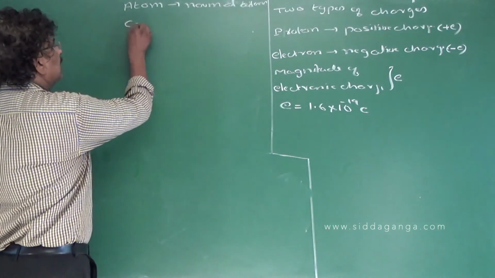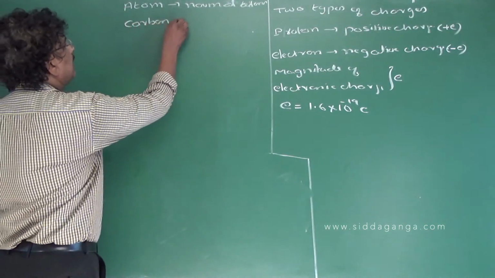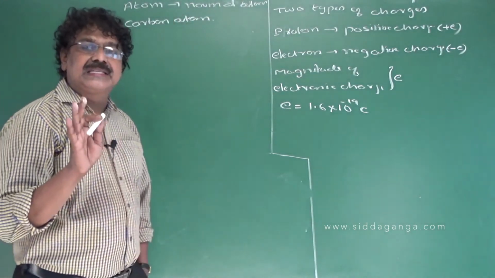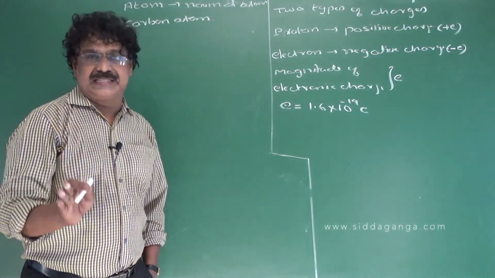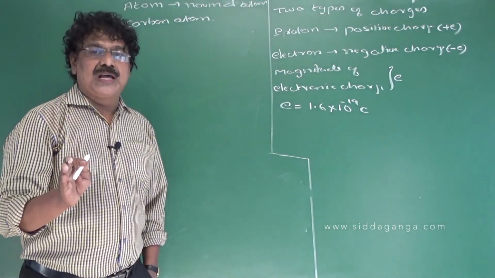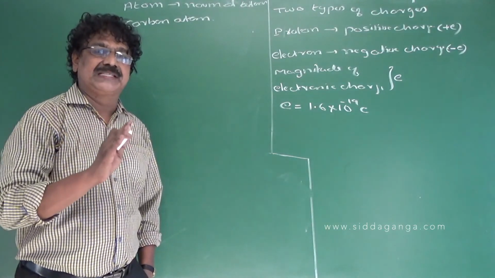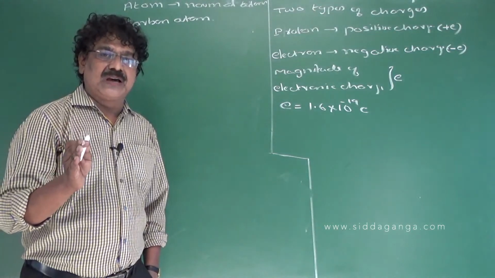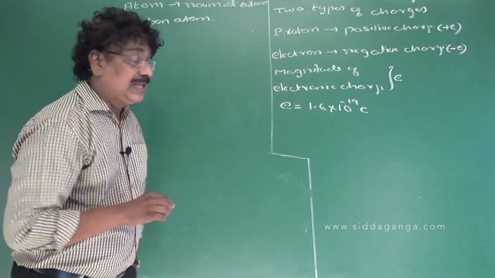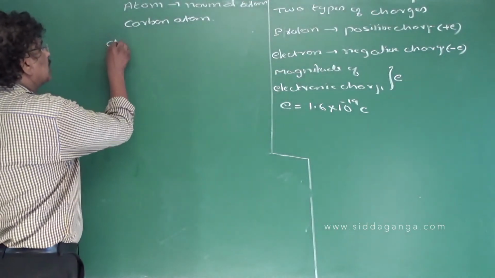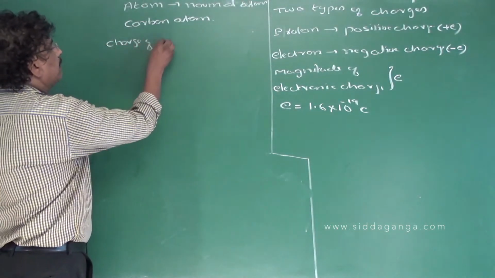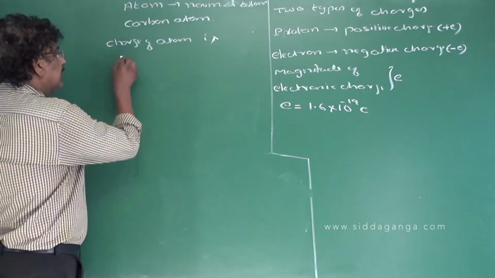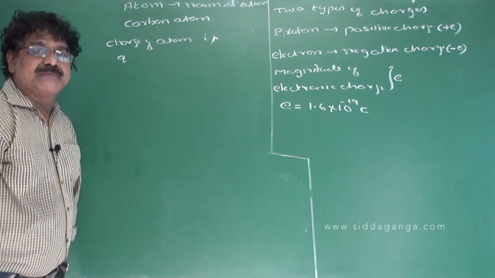For example, a carbon atom consists of 6 protons and 6 electrons. The 6 protons have a total charge of plus 6e and the 6 electrons have a charge of minus 6e. The charge of an atom is represented by the standard symbol Q.